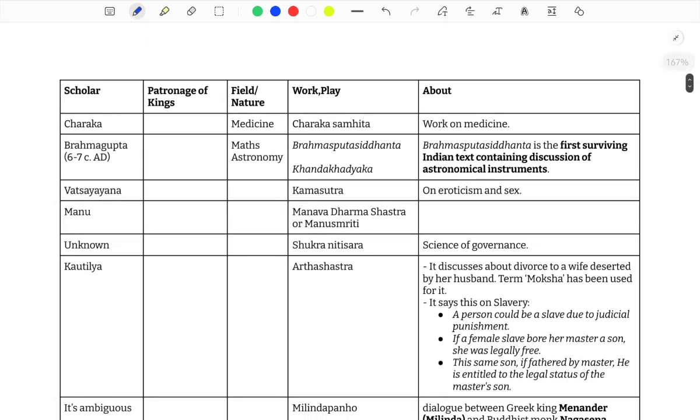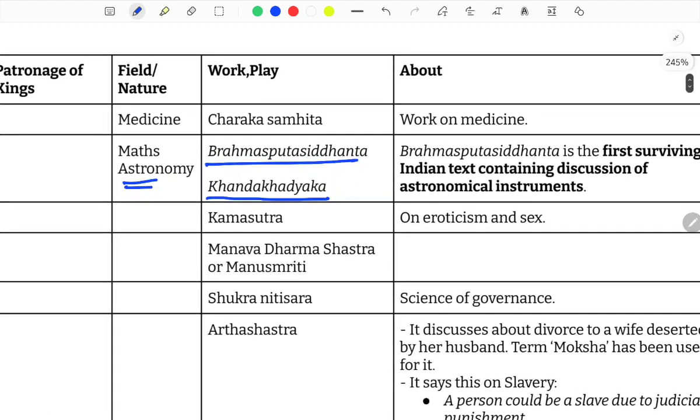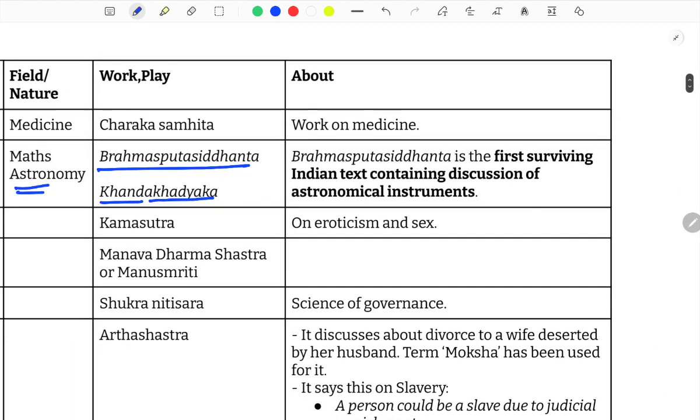Now we have Charaka, who deals with medicine. Charaka Samhita, a work on medicine. Brahmagupta deals with maths and astronomy: Brahmasphuta Siddhanta and Khandakhadyaka. Brahmasphuta Siddhanta is the first surviving Indian text containing discussions of astronomical instruments.